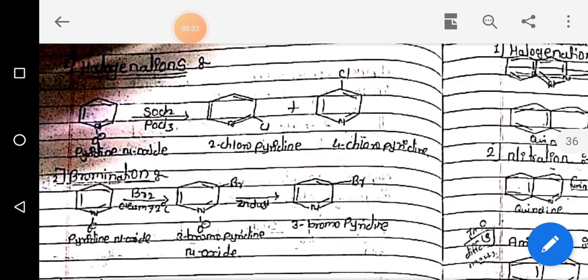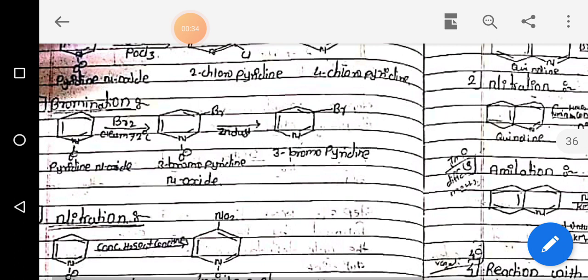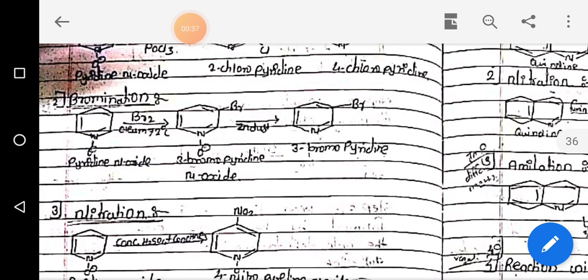The next reaction we covered in the last lecture is the bromination reaction. In the bromination reaction, the starting material is the pyridine N-oxide, and on the arrow the reaction conditions are the reagent Br2 along with temperature conditions.